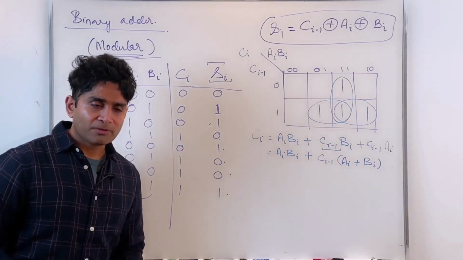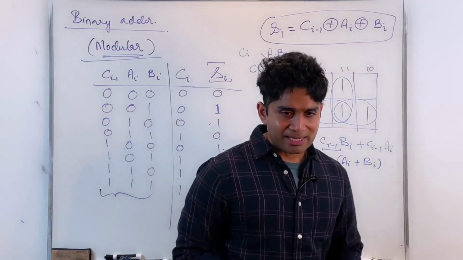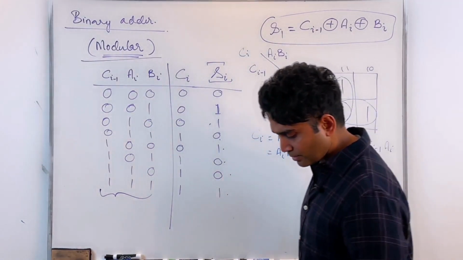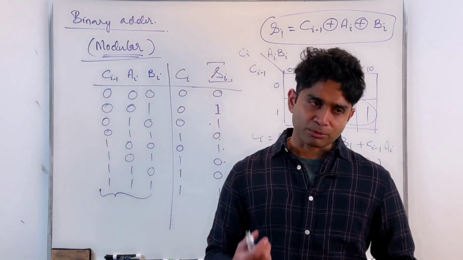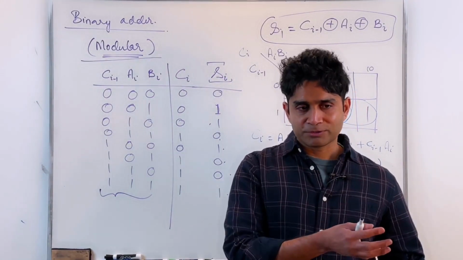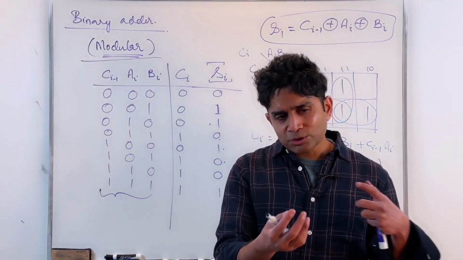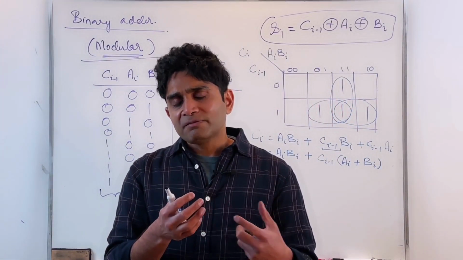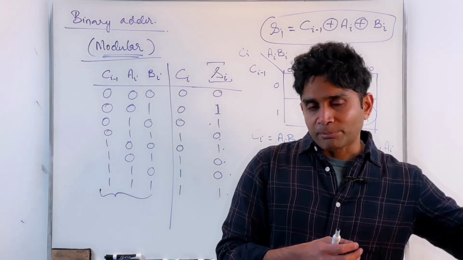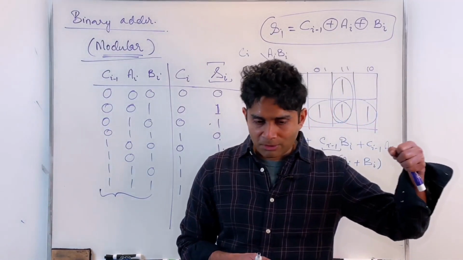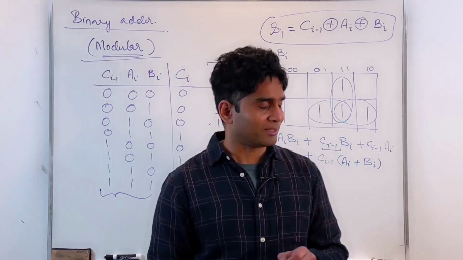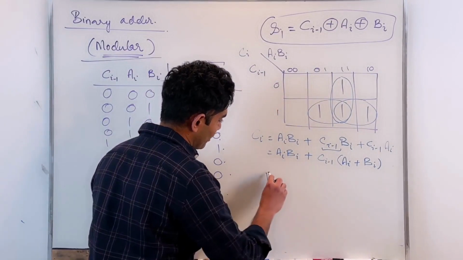Okay. Now, if you recall, in the last class, I mentioned something about systems that have multiple inputs, right? When you're trying to design a system with multiple outputs with the same set of inputs, I would like to see if I can reuse some of the product terms from other outputs in implementing another output. Okay, maybe that's a mouthful.